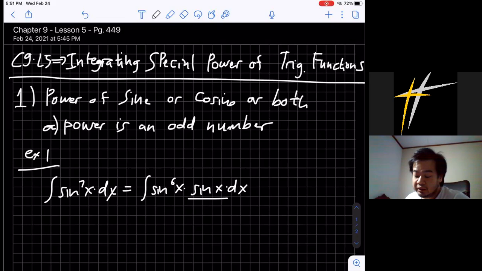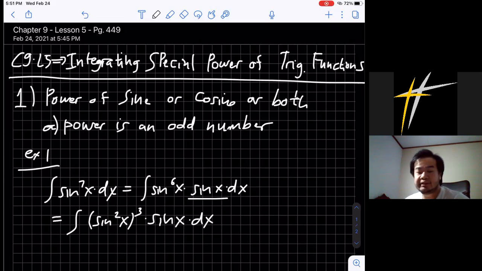Okay. And then the next step is to change the sine power of 6x into sine square x power of 3. So we change the sine power of 6x into sine square x to the power.